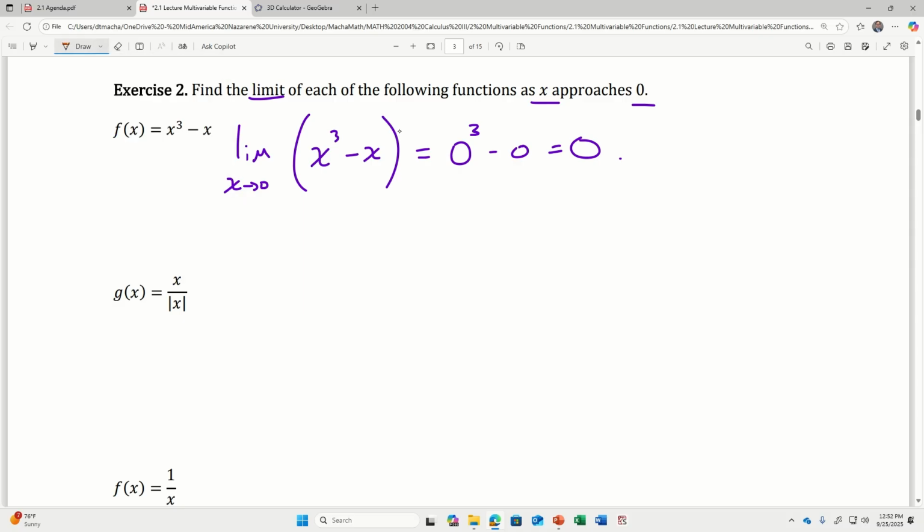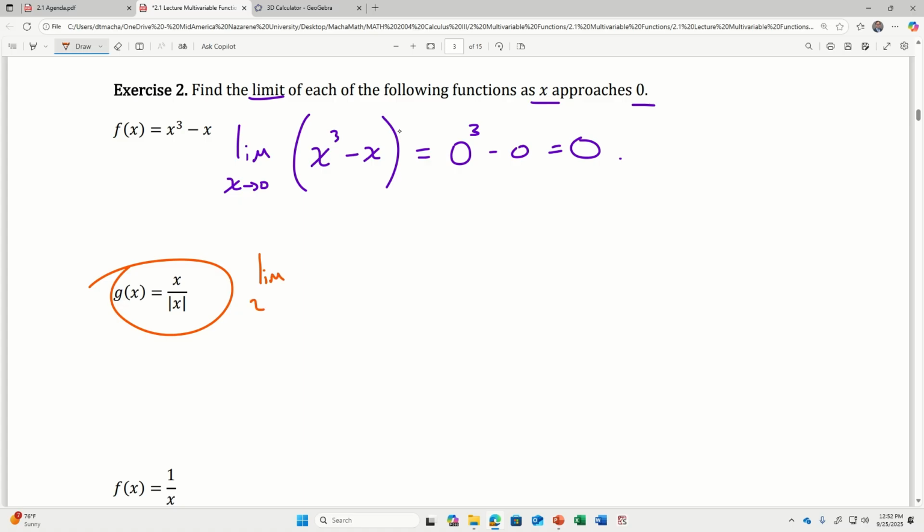What about this one? What about this g function? What is that limit? Oh, no, I'm just kidding. Infinity. I'm just kidding. One. It's not defined. You're right the first time.